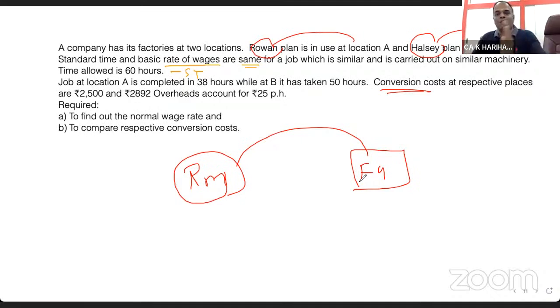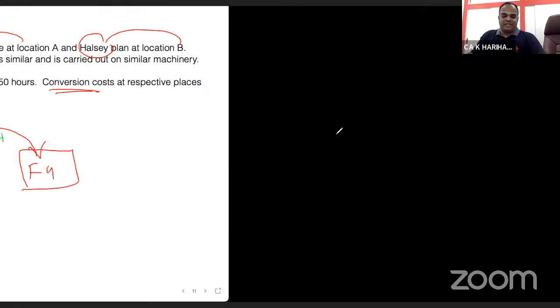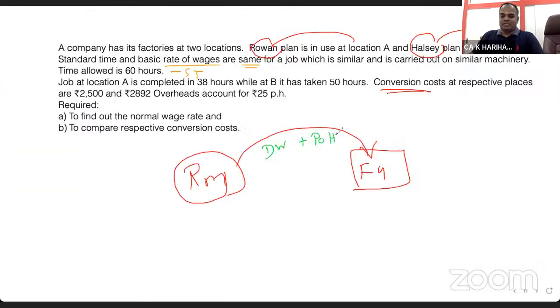We incur direct wages and production overhead. So wages plus production overhead is equal to conversion cost. Raw material cost will not form part of conversion cost.